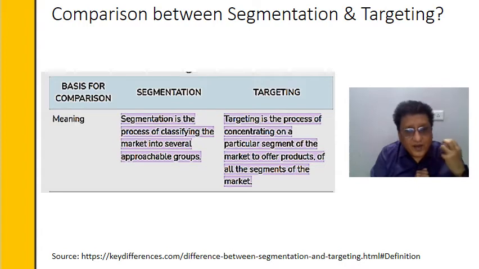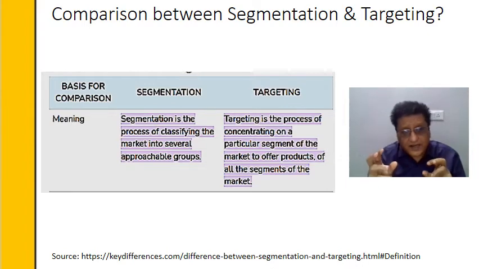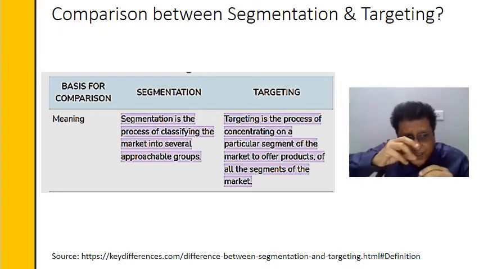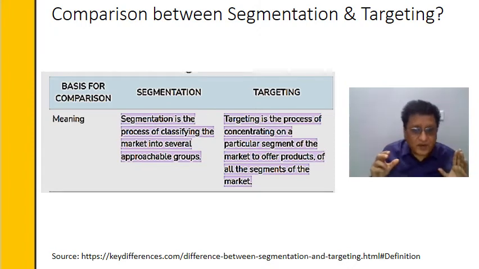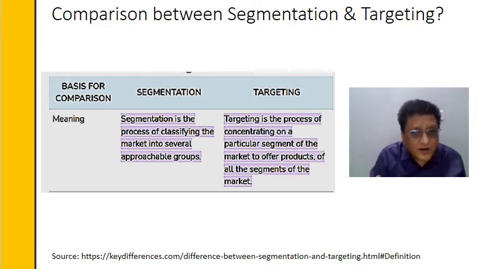So segmentation is concerned with dividing up the market by grouping customers with similar needs, and targeting is choosing the right segment. Which means, in the stage of target marketing, or in the stage of STP, what will come first?